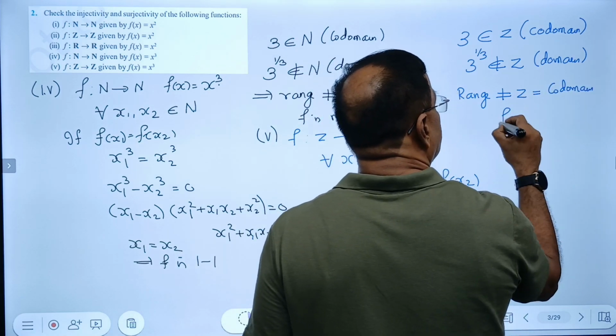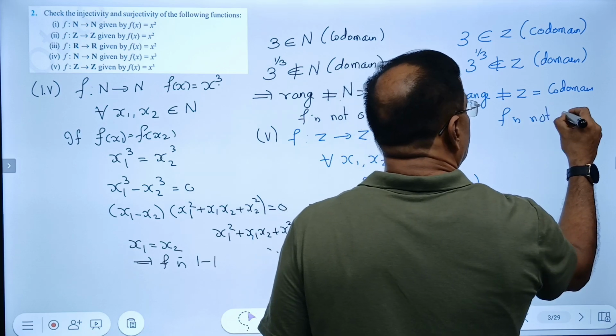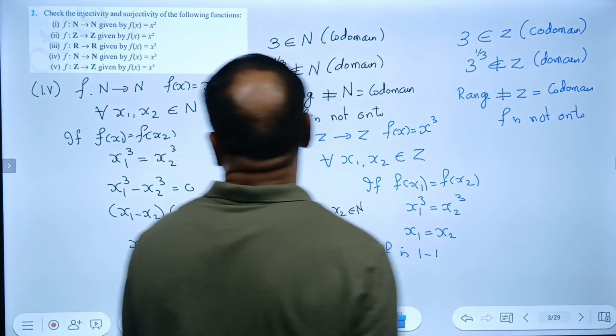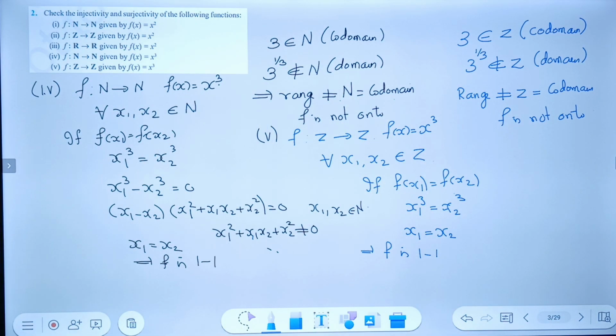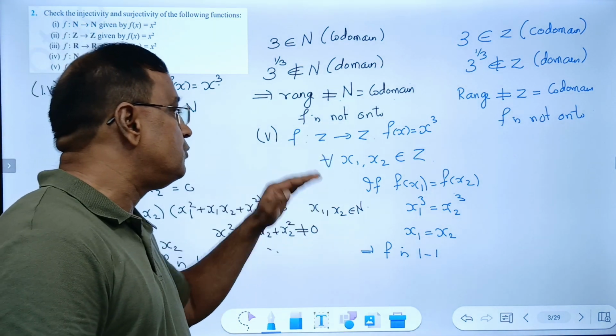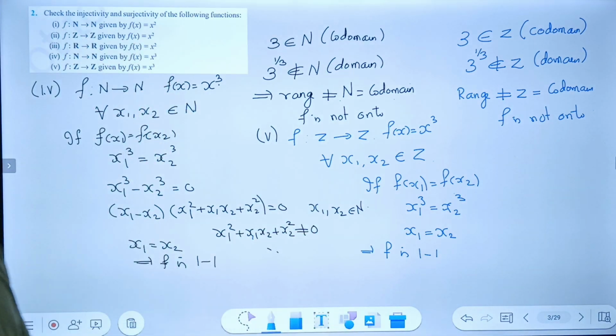Therefore, f is not onto. So for natural numbers to natural numbers it is 1 to 1 but not onto. Similarly for Z to Z also it is 1 to 1 but it is not onto.